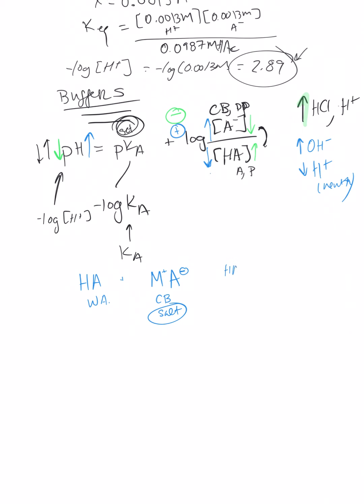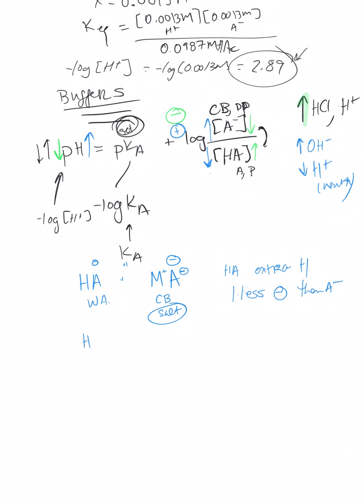Our acid, or our HA, will always have an extra H, and it will be one less negative than A minus. So we have a minus here, minus plus 1 is 0.